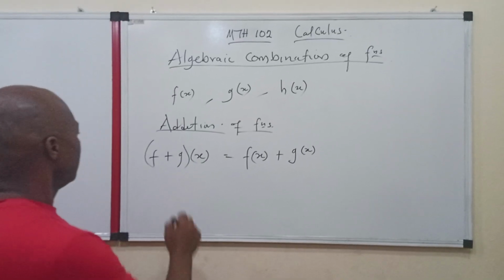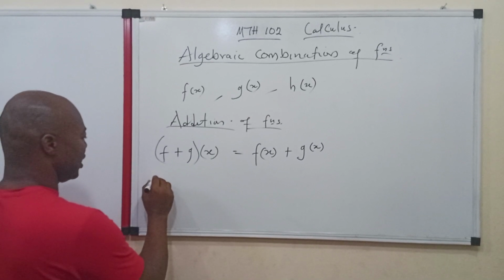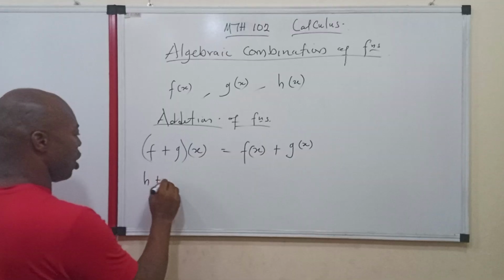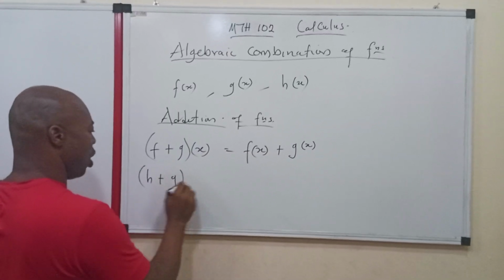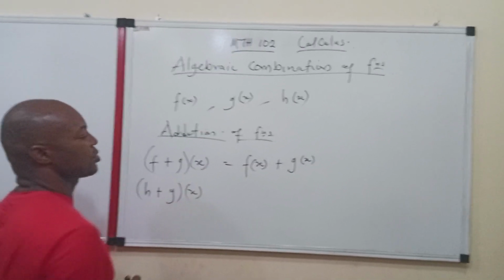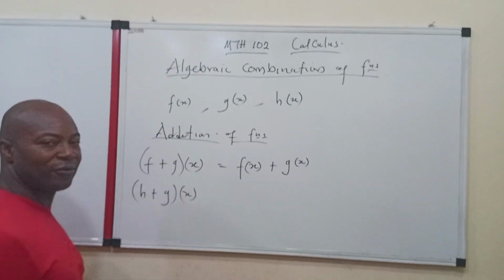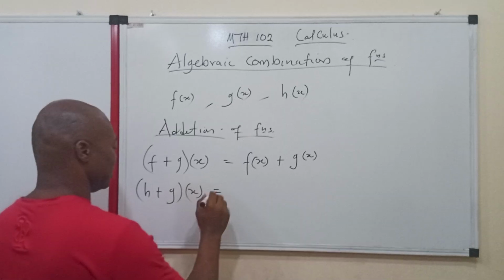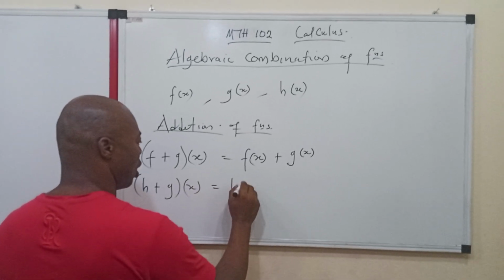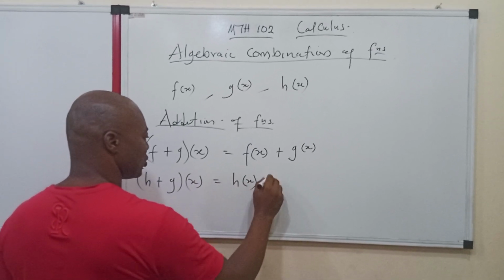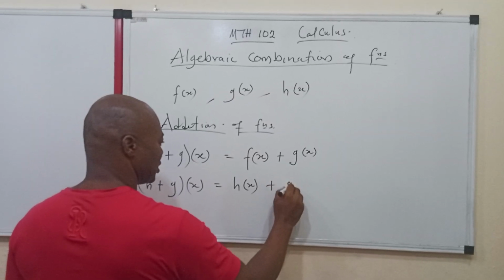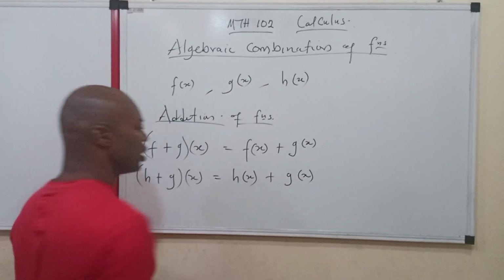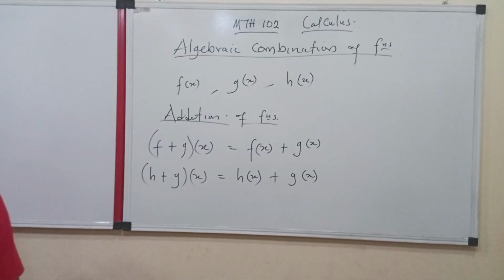Now, if we have, say, (h plus g) of x, based on what we have written, this also implies that we can write these functions like this. If you do this, this is correct.